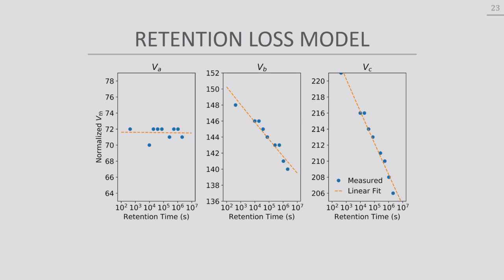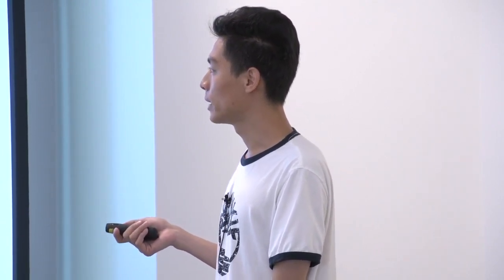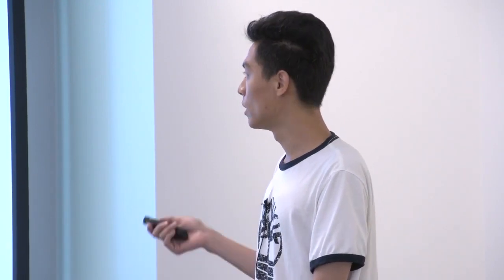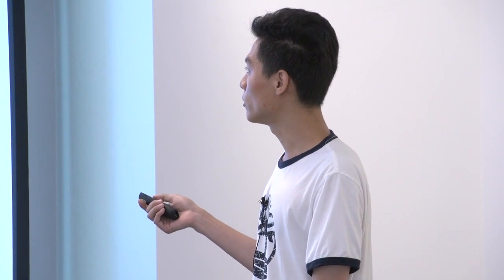So this is our characterization of how the optimal read reference voltage changes over time. The x-axis is the retention time in log scale, and the y-axis is the normalized threshold voltage for each of the optimal read reference voltages. The blue dots are the actual empirical optimal read reference voltages, and the orange dotted line shows our linear model that predicts how the optimal read reference voltage changes over time.